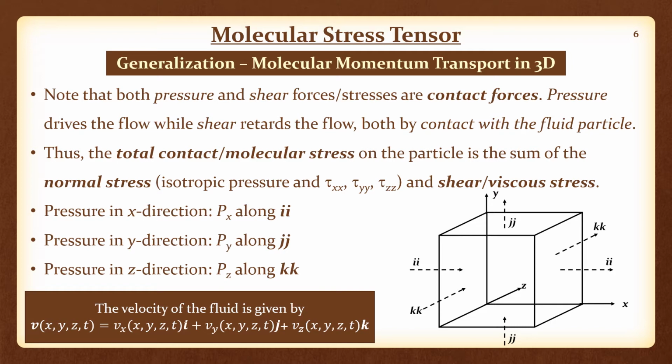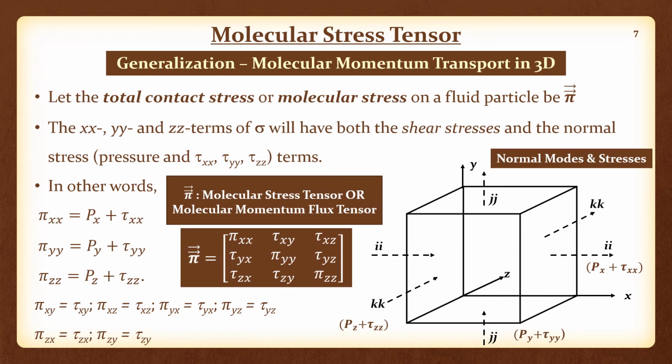And keep in mind, in all of these things, if we are considering any general velocity profile, v is equal to vx i plus vy j plus vz k, where vx, vy and vz are scalar valued functions, which could be functions of x, y, z, and possibly time if the flow is unsteady.